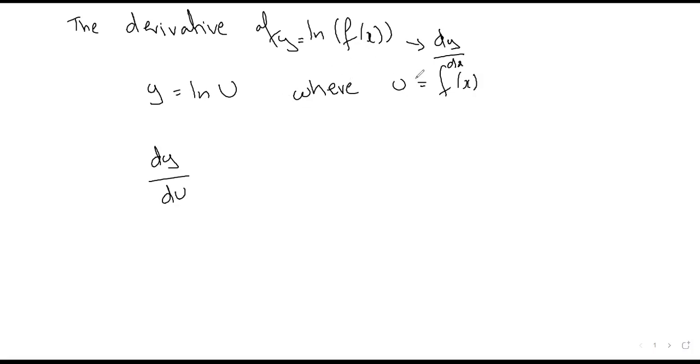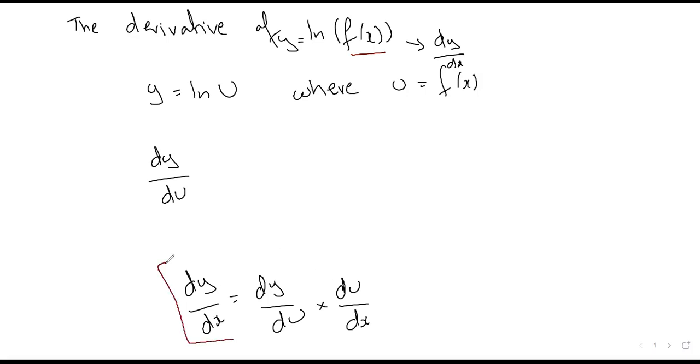We need to make substitutions, and then eventually we'll be finding dy by dx by using dy by du and du by dx. This is a trick. We need to find dy by dx, but since this is a general function, we can never write down the derivative as it is. So we have to make some substitutions, find the values of dy by du and du by dx, plug them here, and then write down the value of dy by dx. Is that clear? Yes.